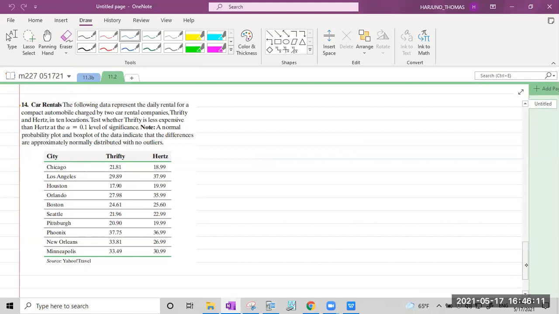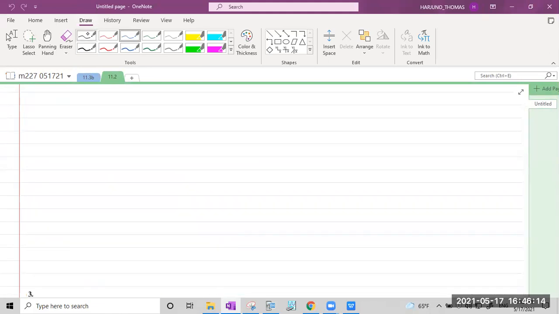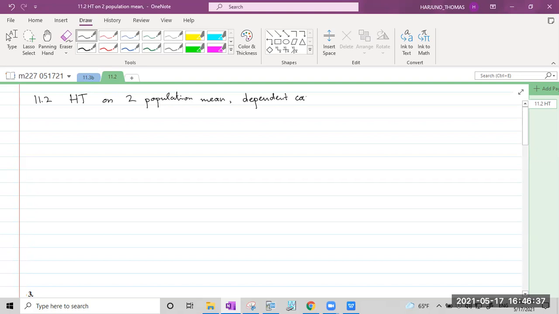Now, what is 11.2? 11.2 is hypothesis testing on two population means, the dependent case, also known as matched pairs.